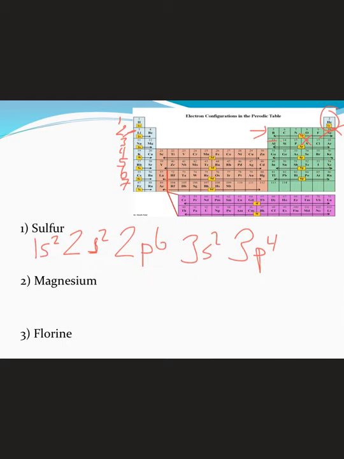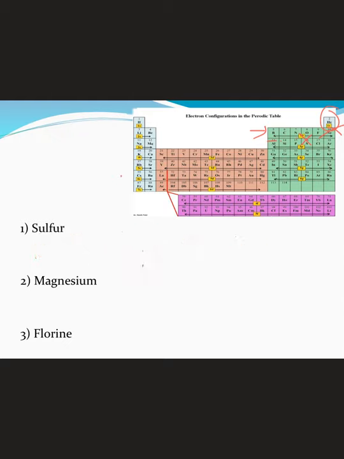All right, so we'll try one more here. Alright, so we start at the beginning. We're going to go to magnesium. And so we always start at hydrogen.